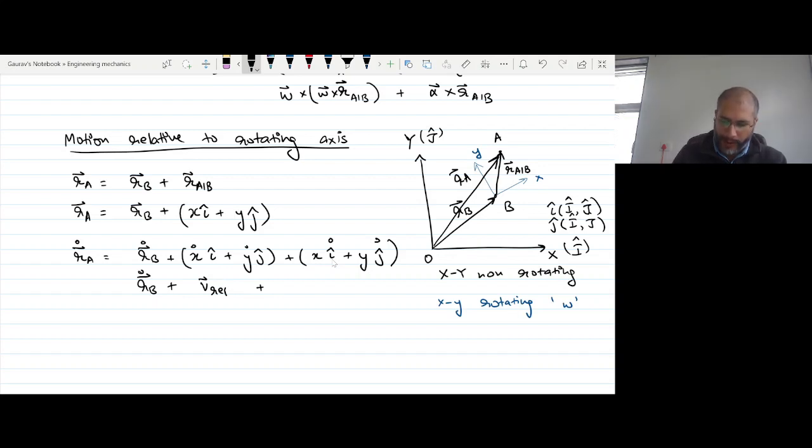And we can very easily see that we can write i hat dot as omega cross i hat, and j hat dot can be written as omega cross j hat. So i hat is a vector that does not change in magnitude, it can only rotate. So di by dt simply becomes omega cross i. We discussed that when we talked about the vector nature of omega.